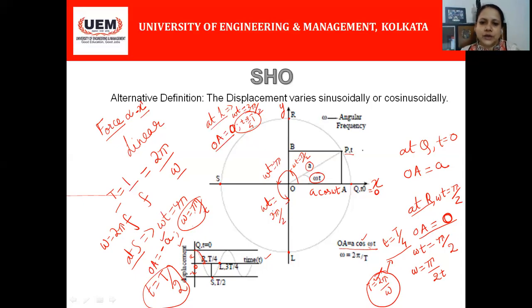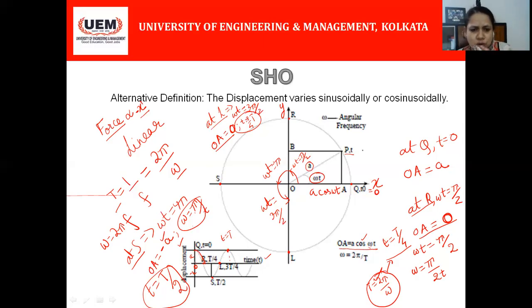From position L, it then again moves to position Q. So it again reaches the other amplitude, and it completes one complete oscillatory path. The time required to come back to Q is T, capital T. When it comes back to Q, it's amplitude plus A.